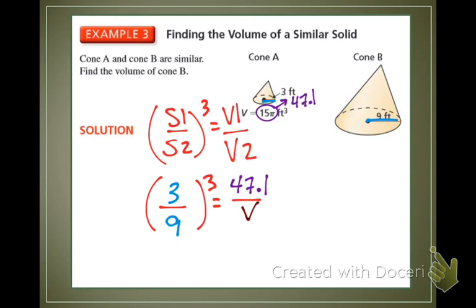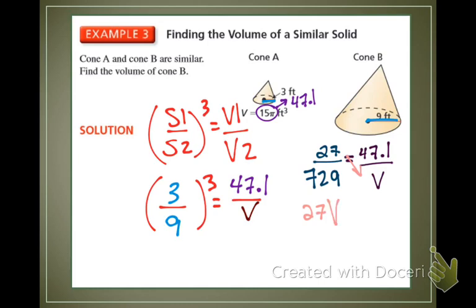Now we're going to cube. So 3 times 3 times 3, which is 27. And then 9 times 9 times 9, 729. And it still equals 47.1 over the volume. What do we do next? Cross multiply.